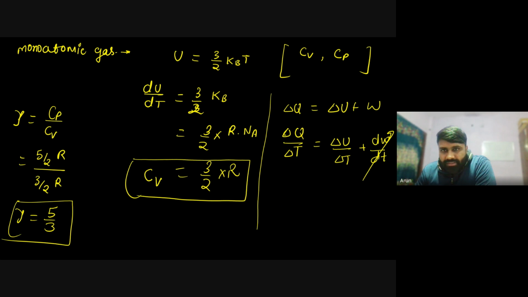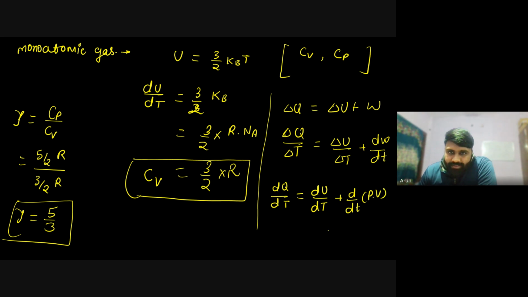For not specifically constant volume, it is dQ by dT equals dU by dT plus d by dT of PV, that is P into delta V. So you can say for constant pressure, it is this.